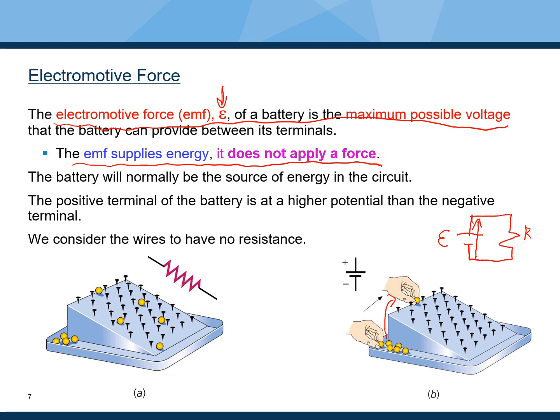Now, once these charges are put at a higher potential at the top of the ramp, you realize that this ramp has a lot of pegs that have been hammered into it. And what these pegs are doing is every time the marble tries to roll downwards, the marble basically bumps into the peg, delivers all of its kinetic energy back to the peg, and then starts rolling down again.